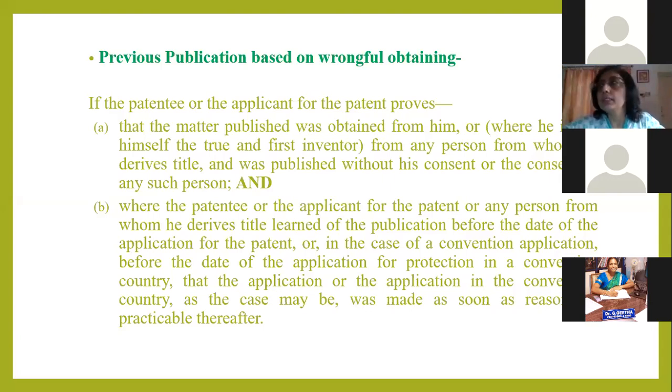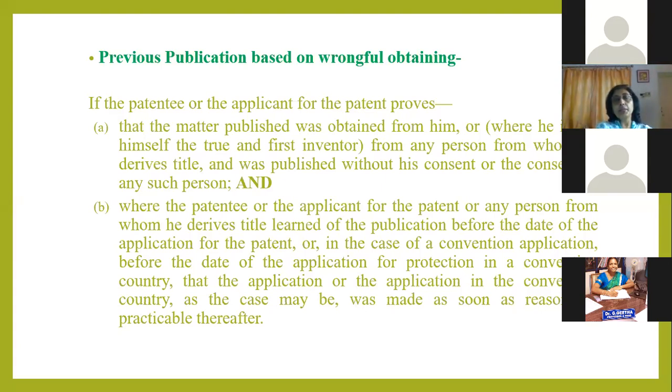And also where the patentee or the applicant or any person, before the date of the application, or in the case of a convention application, before the date of application for protection in the convention country, made that application soon after he realized. So what it says is that when the patentee or the applicant learns that the document has already been published, he goes to file the application immediately.